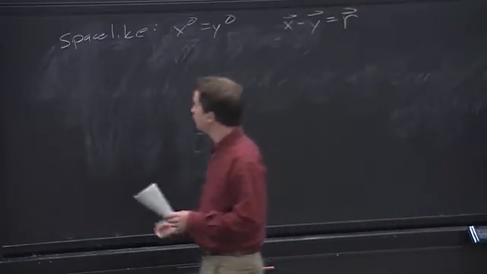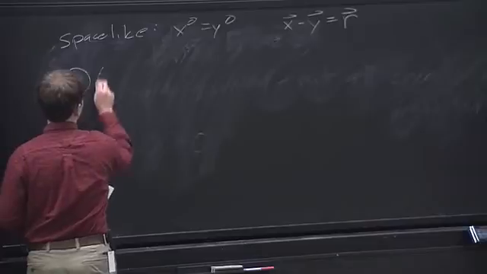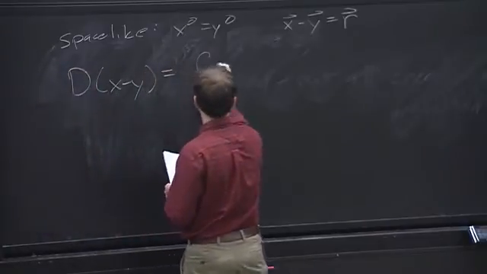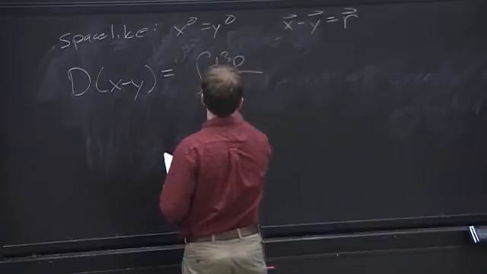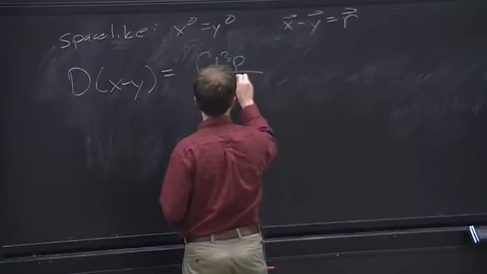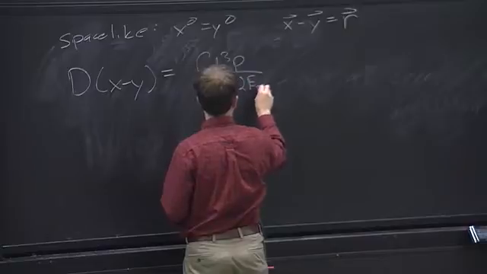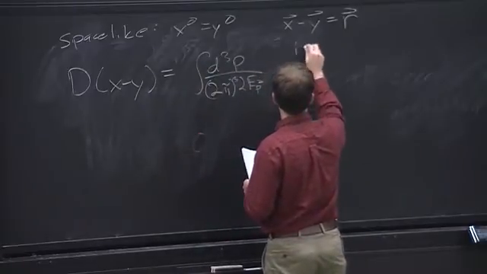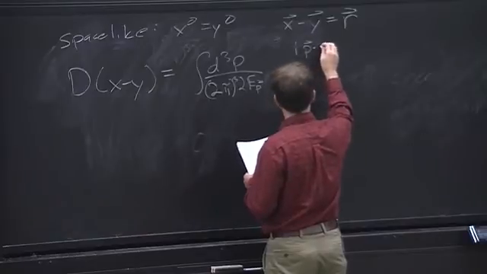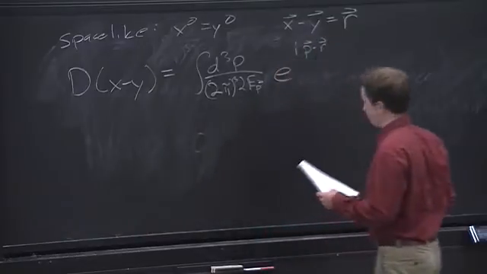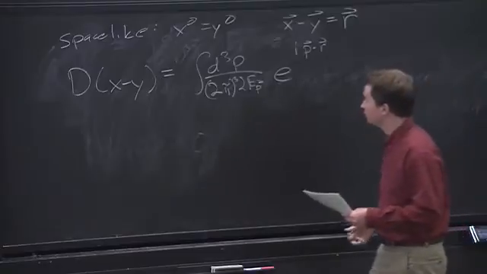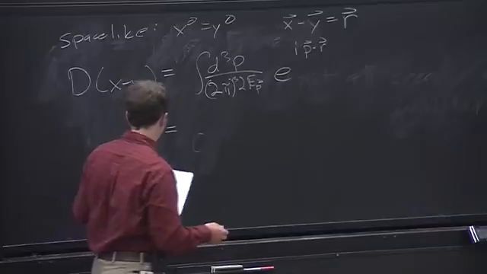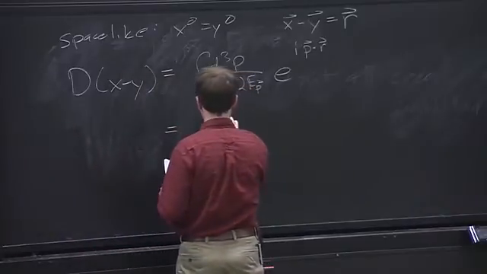So in that case, D of x minus y becomes the integral d3p over (2 pi)^3 2 E_p e to the i p dot r, which can be shown is just a Bessel function.